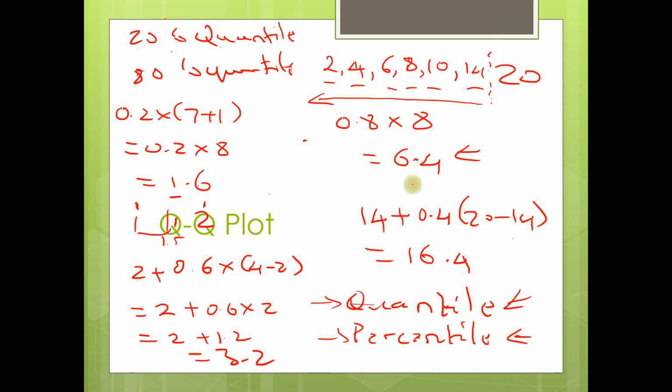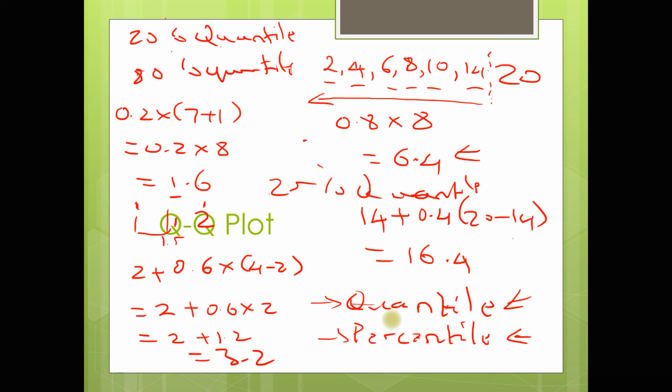So if you're talking about the 25% quantile, it means that you are referring to the 25th percentile. In other words, the 25th percentile is the lower quartile. The median is the 50th percentile. The upper quartile is the 75th percentile. So this is how these different concepts are related, quantile and percentile.